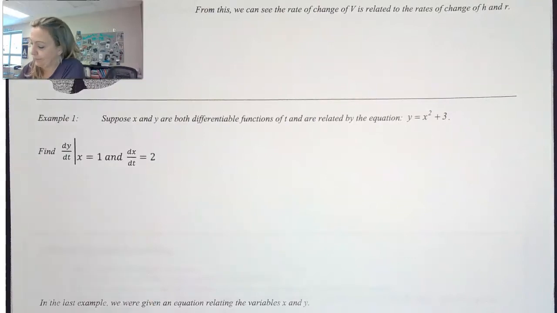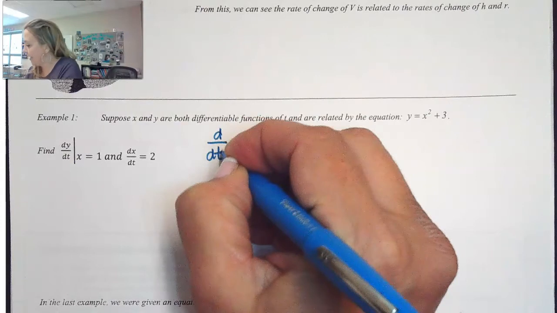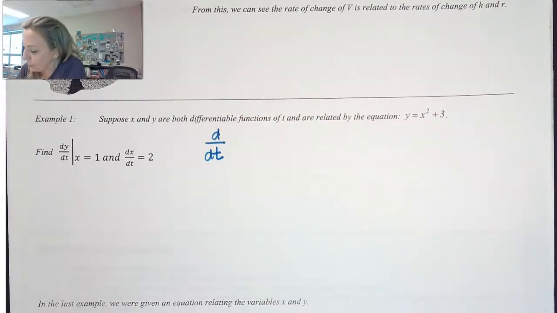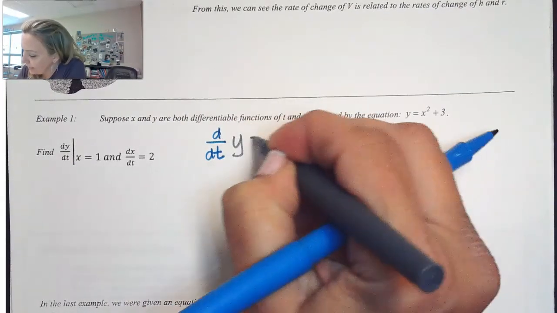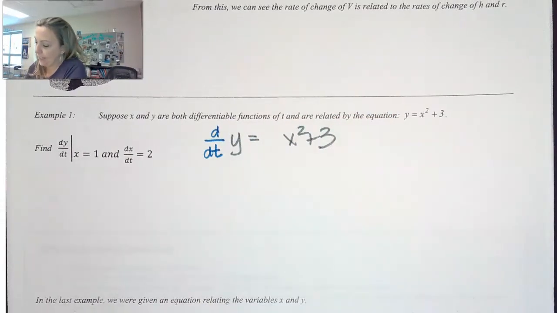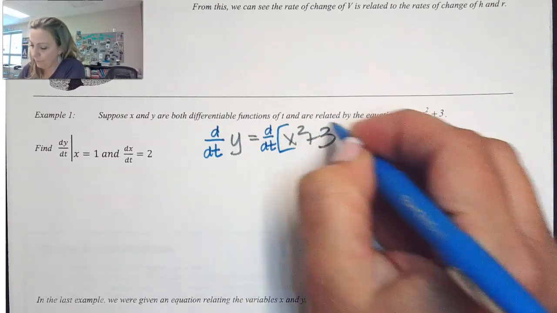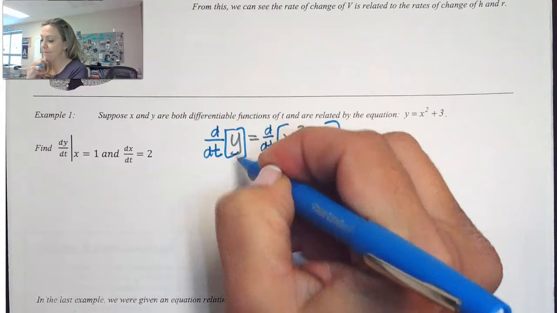So we can find the derivative with respect to t of our original equation, y equals x squared plus 3, okay? So again, we're going to take the derivative with respect to t of both of those sides, okay?